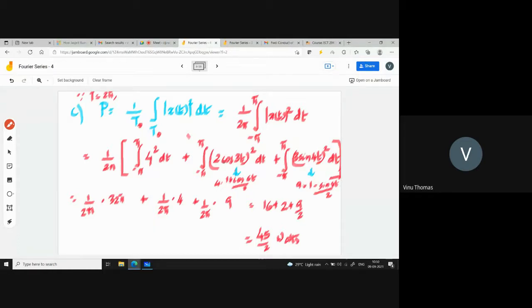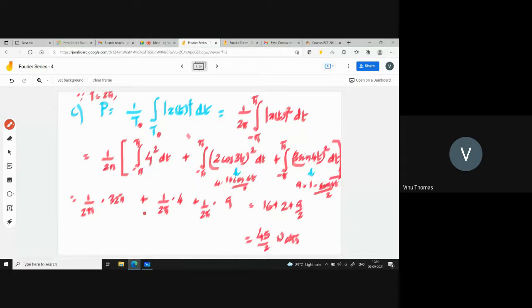See that cos squared 3t is 1 plus cos 6t by 2, and sine squared 4t is 1 minus cos 8t by 2.